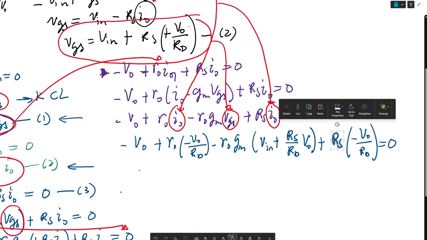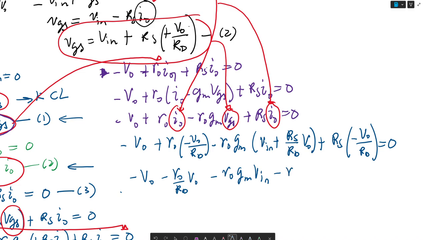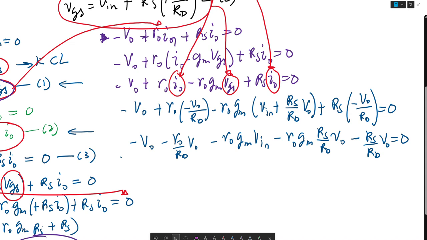And then now we get minus VO minus RO over RD VO minus RO gm VN minus RO gm RS over RD times VO minus RS over RD times VO is equal to 0. Now we can go ahead and move everything with a VO to the right hand side.